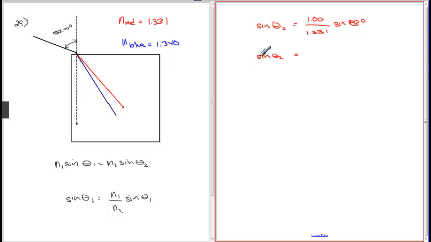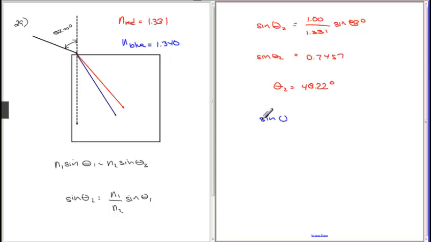So we have the sine of 83 divided by 1.331. And the angle should become smaller, and it does because the sine of the angle becomes smaller. So we get 0.7457. If you take the inverse sine of that, we get 48.22 degrees. So that's for red.